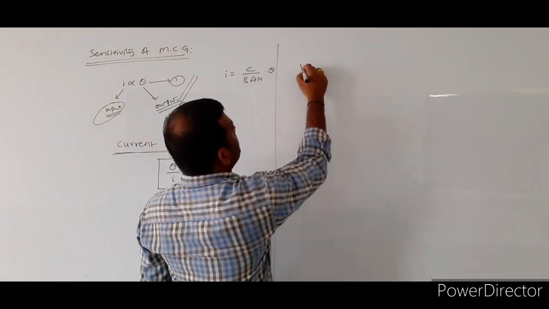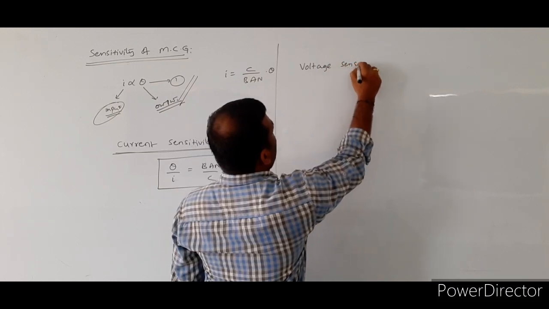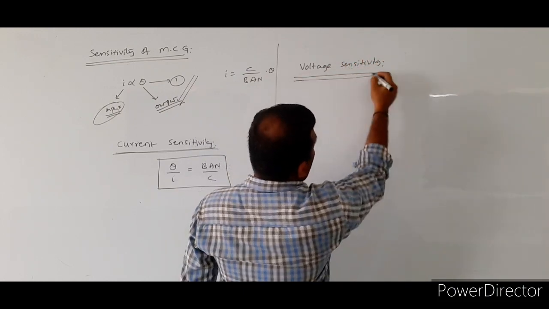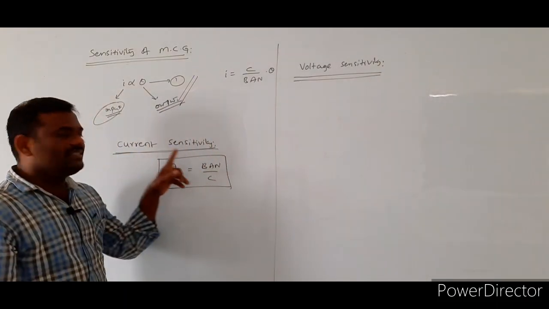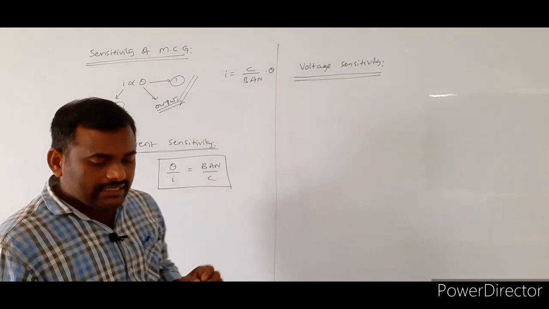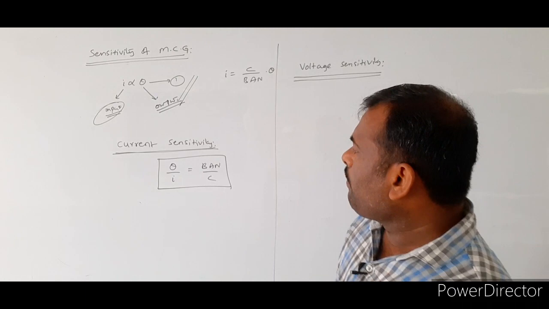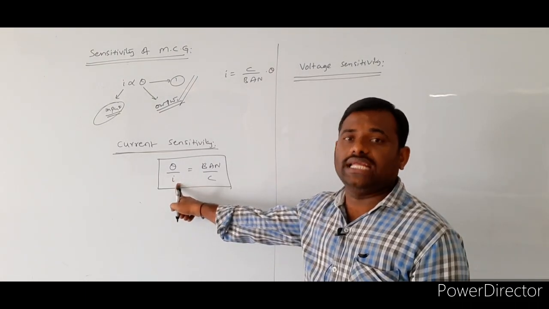Next definition is voltage sensitivity. So how can we define the voltage sensitivity? In the case of the current sensitivity, you define the deflection produced within the coil per unit current flows through it.